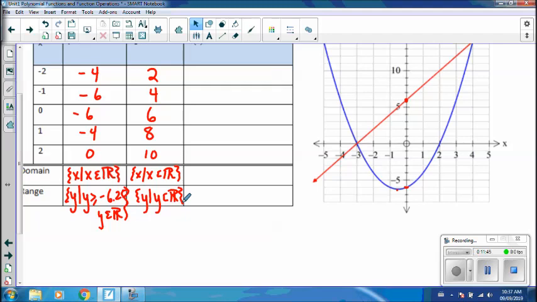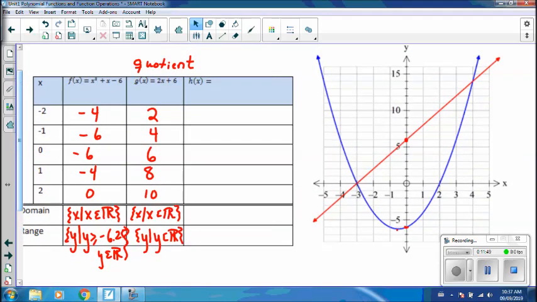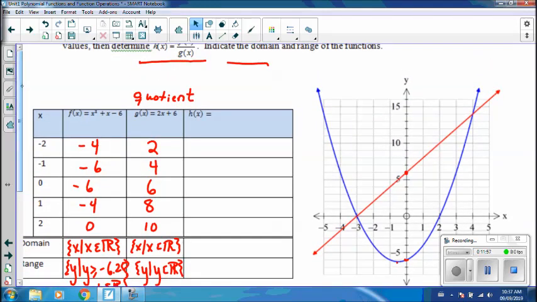All right, so before we multiply our two values to get the product, here we're talking about a quotient function, and we're going to be dividing f of x by g of x. So this is x squared plus x minus 6 over 2x plus 6.